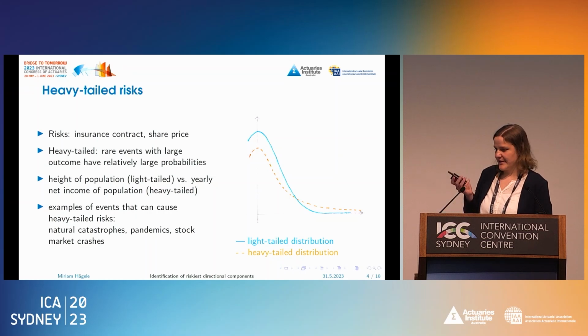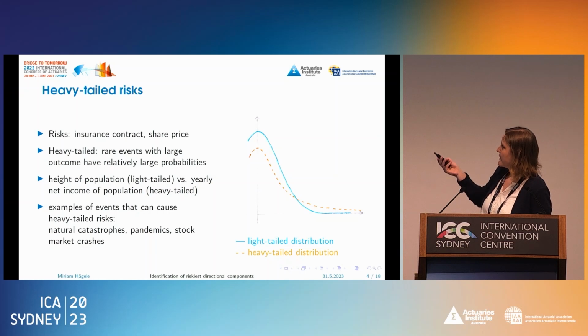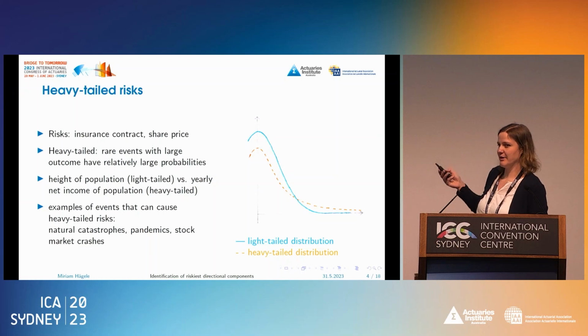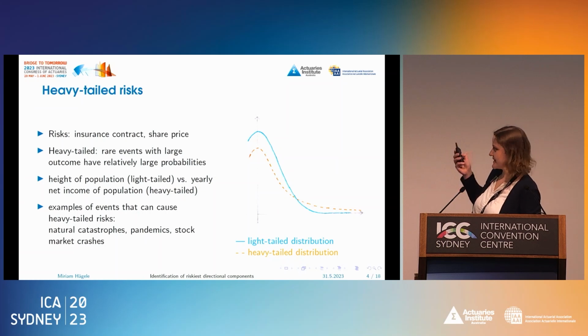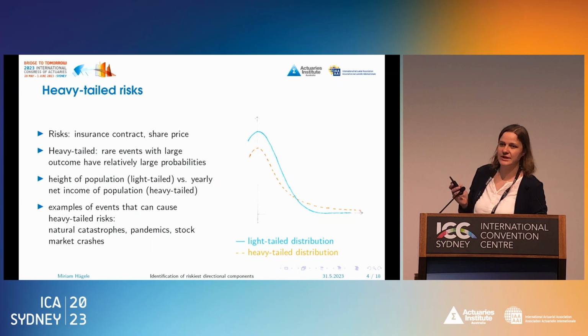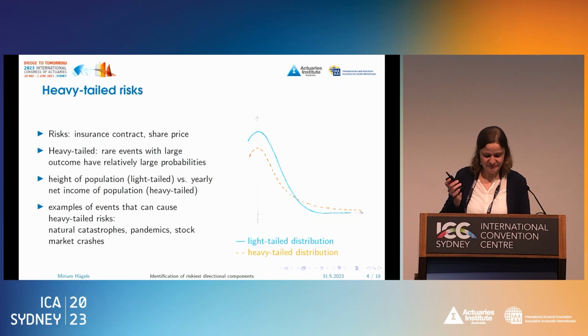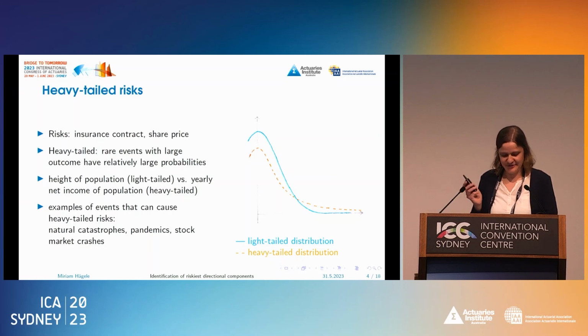If we look at the tail probability, which is the probability that this exceeds this level, then here we see the orange graph has a much fatter tail than the blue graph. The blue graph is a normal distribution, so it's a light-tailed distribution, but the orange one is a heavy-tailed distribution. So we're interested in these kinds of distributions.